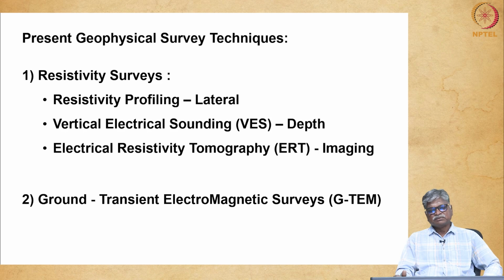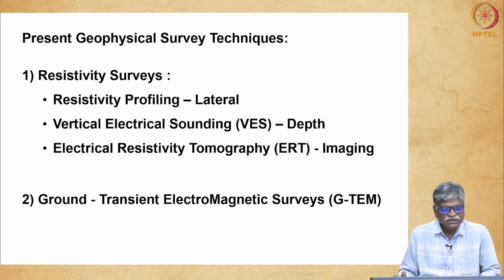Nowadays, people are doing only resistivity surveys: resistivity profiling in the lateral direction, that is gradient profiling, Schlumberger profiling, Wenner profiling, and vertical electrical sounding, and ERT, electrical resistivity tomography imaging methods.